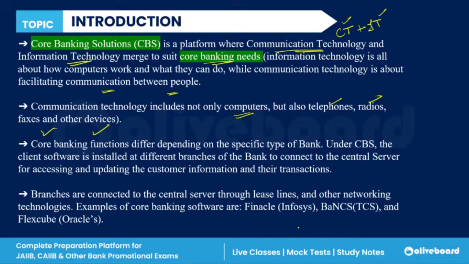Core banking functions depend upon the specific type of bank. Under the core banking solution, the client software is installed at different branches of the bank, and they connect to the central server for accessing and updating the customer information and their transactions.